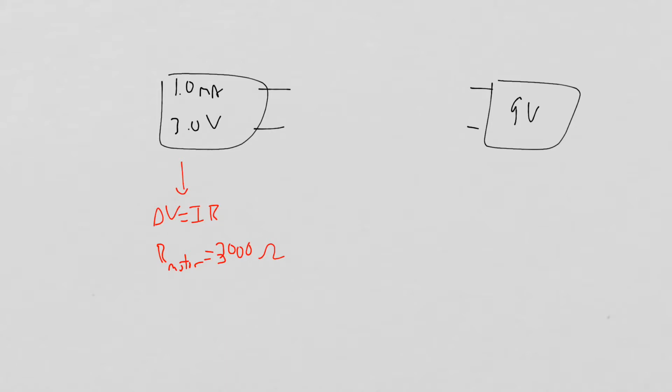So now we want a circuit where we need a total potential difference of 9 volts. And we need 3 volts of that over this motor. And we have 3,000 ohms of resistance already in our circuit. So we need to figure out how to get an additional, so somewhere in here we need delta V equals 6 volts, right? That way we can satisfy Kirchhoff's law.